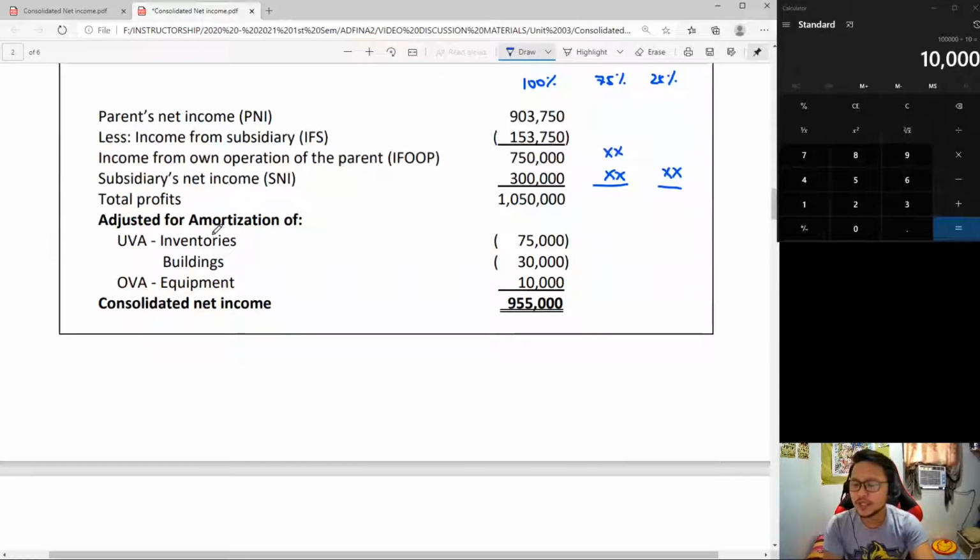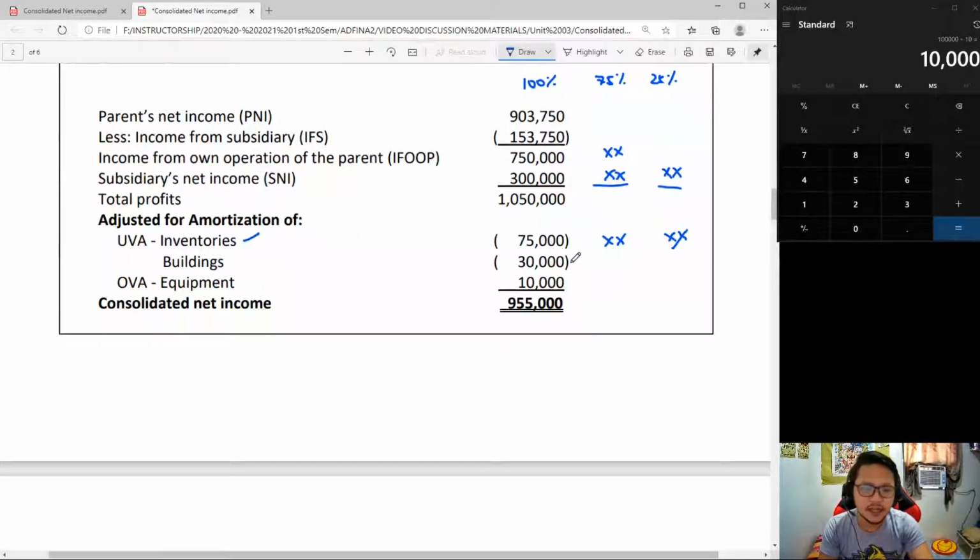So now, amortization. Eto, whose inventory is this? Let me ask. Di ba yung inventory na yan, that is the subsidiary's inventory? If it is the property of the subsidiary, that means that it will be shared between the parent, share, controlling interest, and the non-controlling interest.